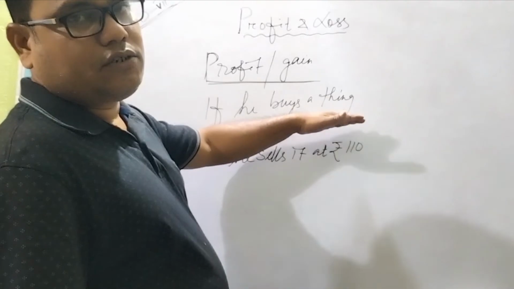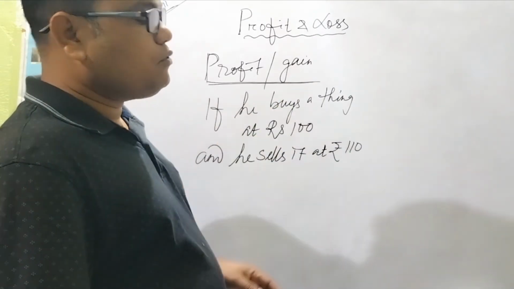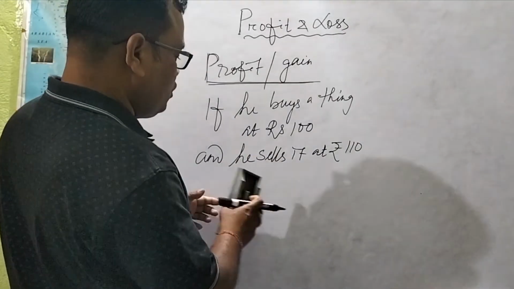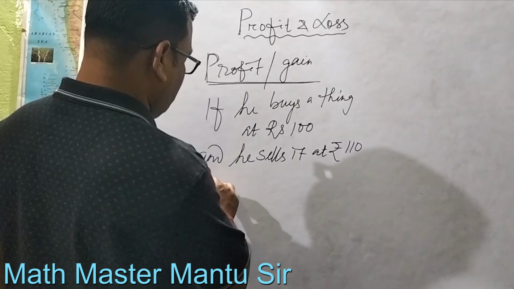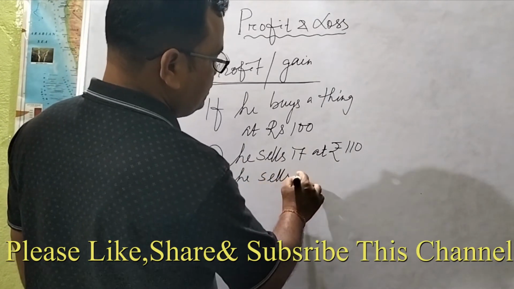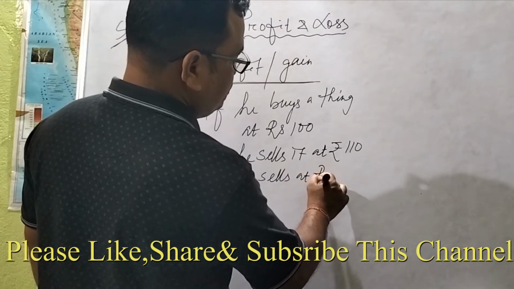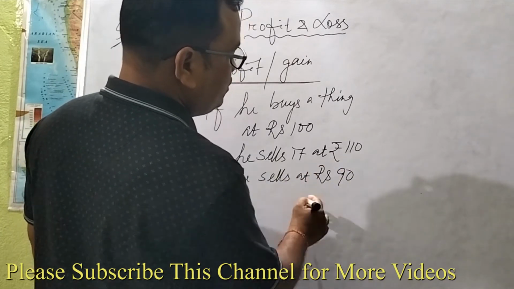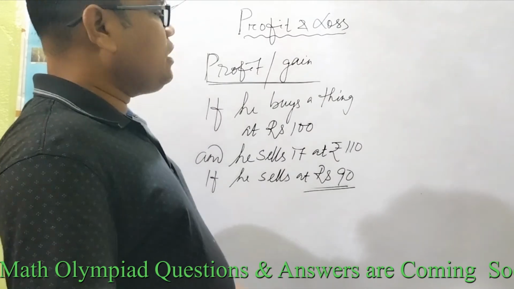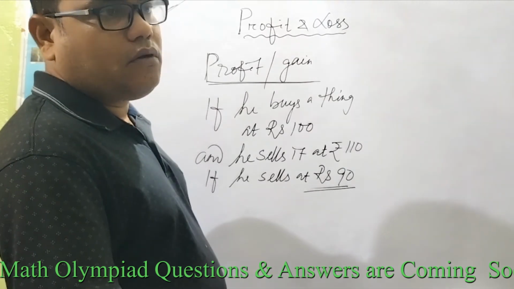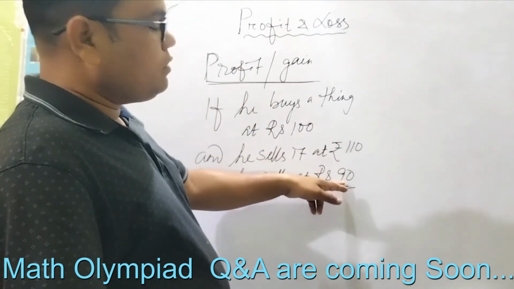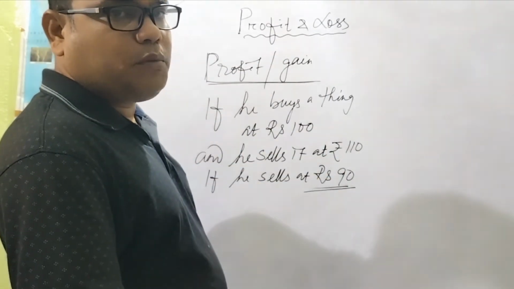Now if he sells at rupees 90, then the selling price is less. In this case, he will get a loss. The loss amount would be 100 minus 90, that is 10 rupees of loss.